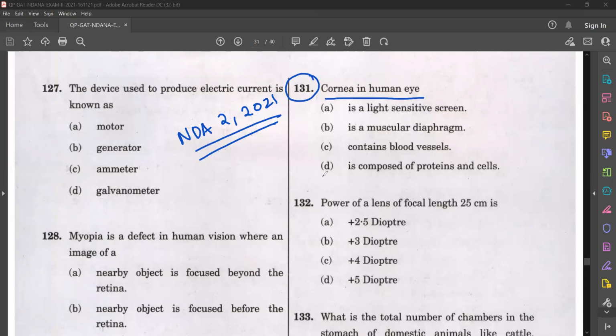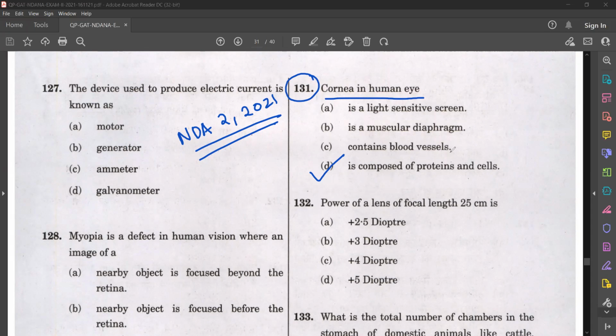So which is the answer? The answer is: it is composed of proteins and cells.